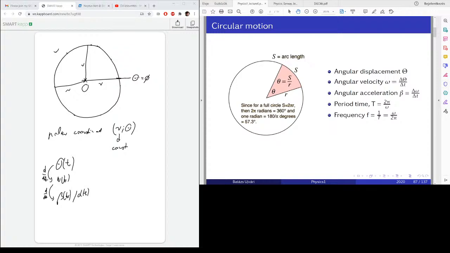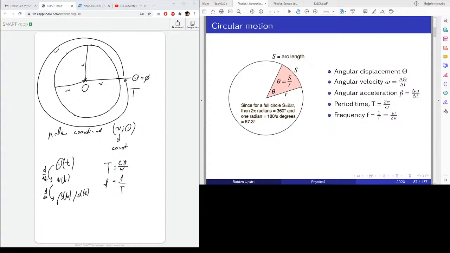Two other important things: the period time, which is the time you need, for example, starting at theta equals 0 to go back to the same position. And the frequency, 1 over T, which by formula is omega over 2 pi.